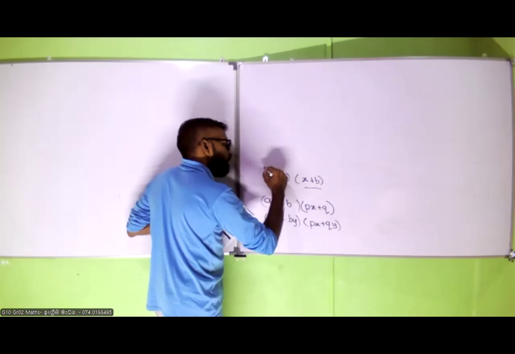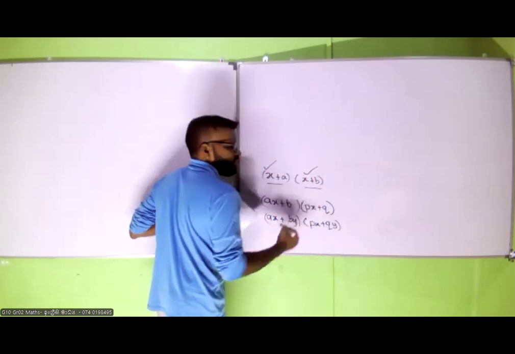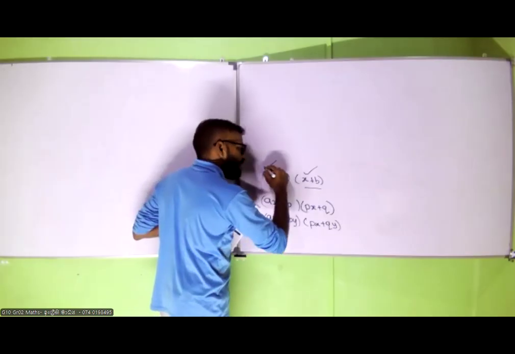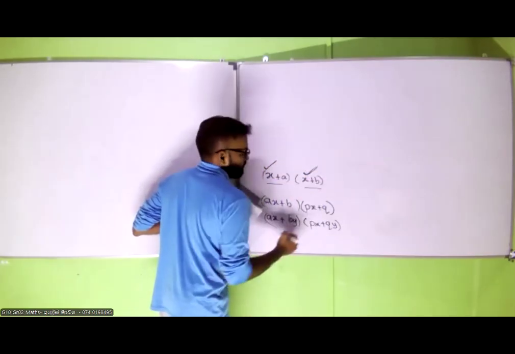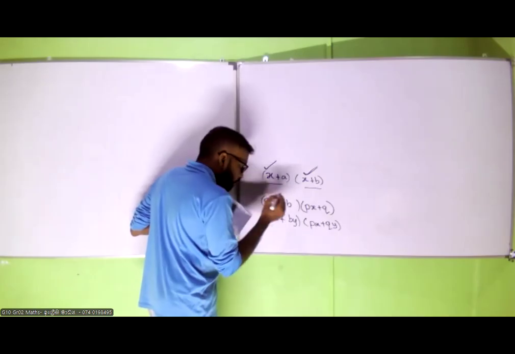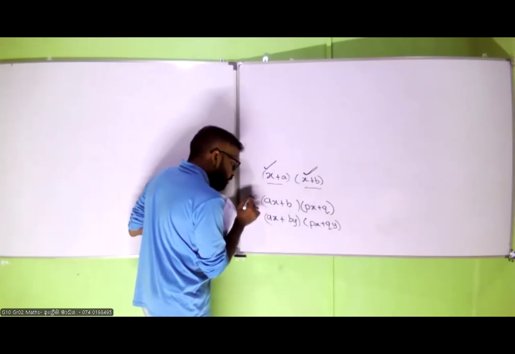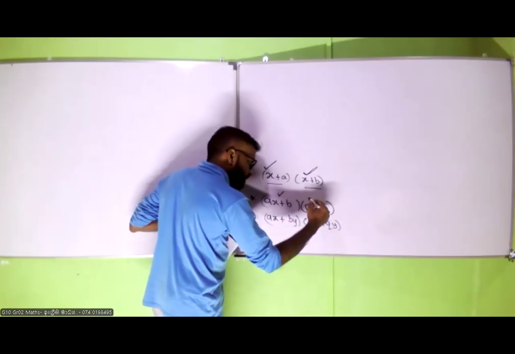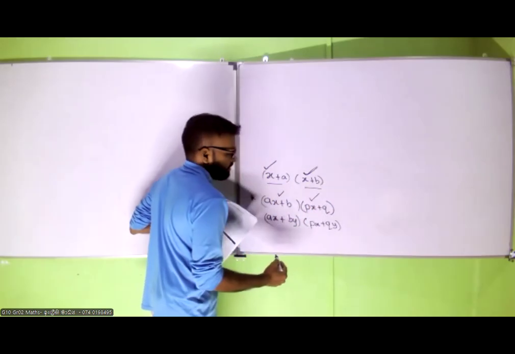Previously, you have expanded these kinds of binomial expressions. Now, newly, we are going to do these things. This is also a binomial expression, and this is also a binomial expression.